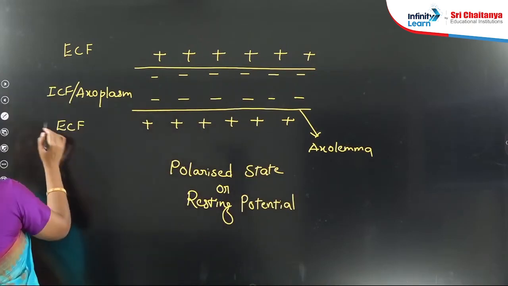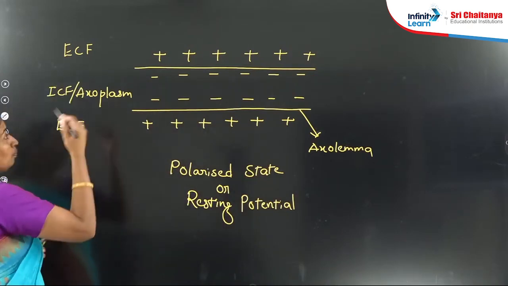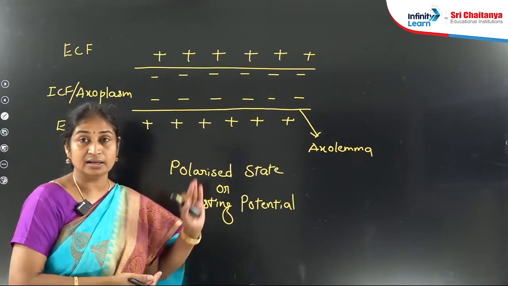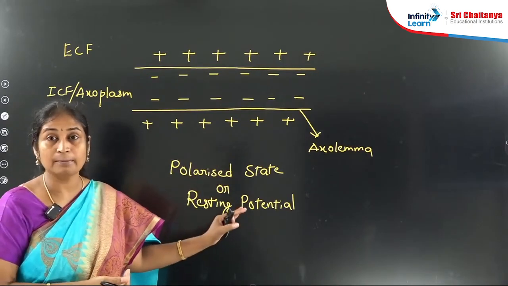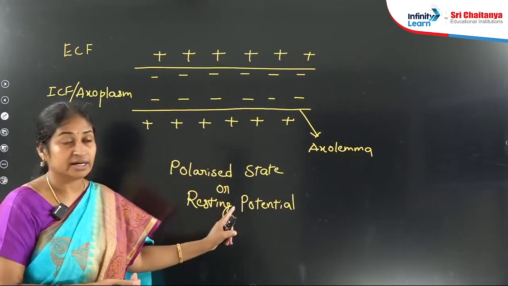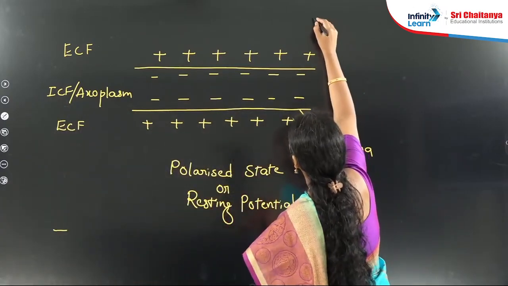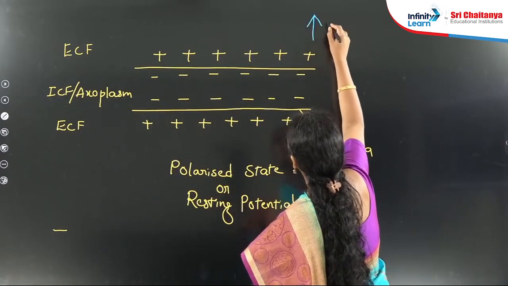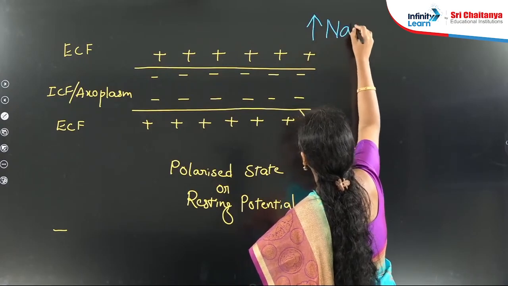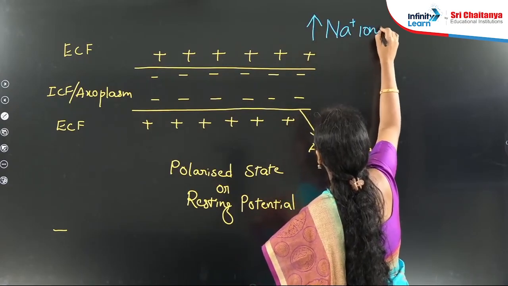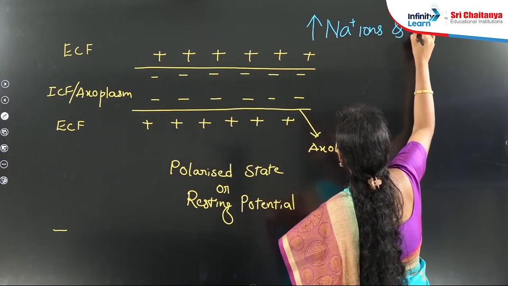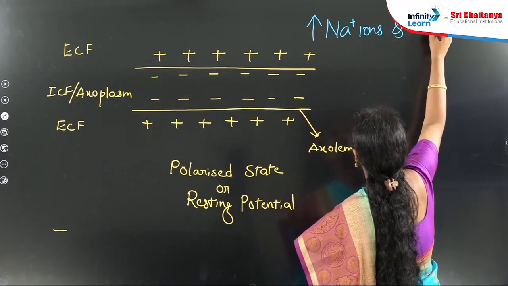Next, what is the reason for having positive charges outside and negative charges inside when the membrane is in the polarized state? The reason is outside there are very high levels of sodium ions and low levels of potassium ions.